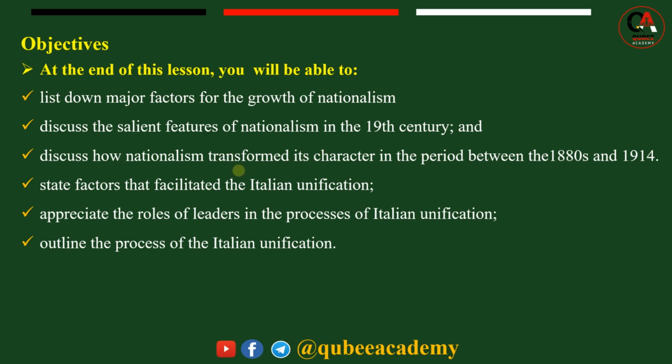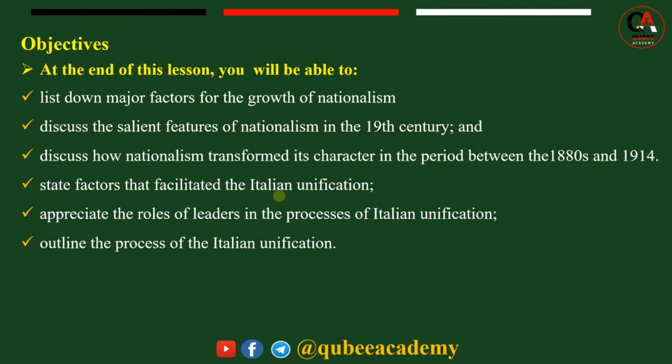Kanaaf jaarraa 19ffaa keessatti especially before 1850 nationalism in character mataa isaatii qaba. But 1880s up to the outbreak of the First World War in 1914, nationalism transformed its character, which led to unification of different countries, as example, Italy and Germany. Instead, factors that facilitate the Italian unification.